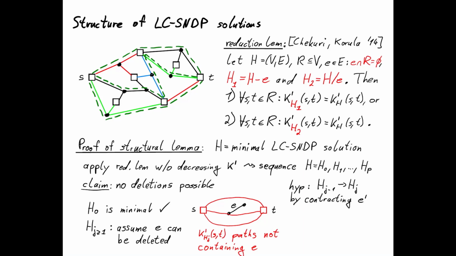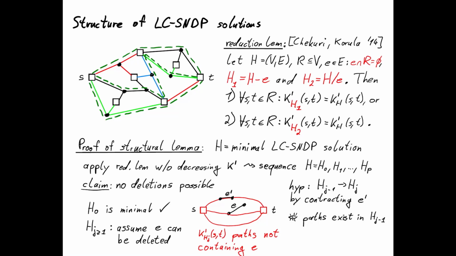Okay, and now in the previous step, how did I get to this graph H_j? Well, by the induction hypothesis, I contracted some edge e prime. And so the observation is now, if I look at these paths in the previous graph, then essentially they exist there as well, modulo maybe that I have to uncontract the edge e prime along some of the paths.